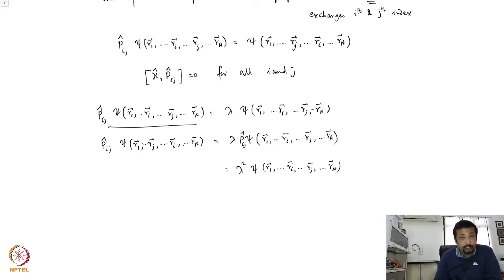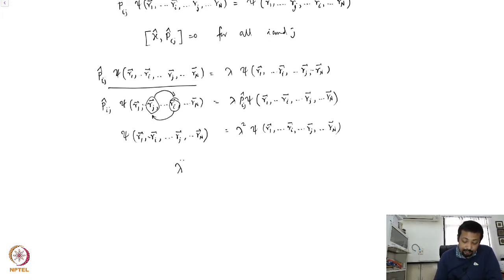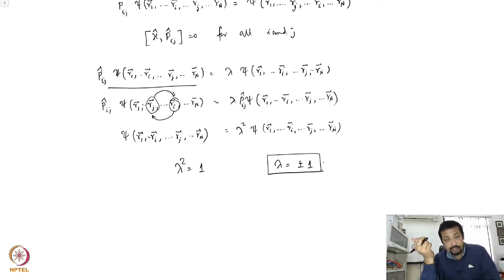The left-hand side will again interchange these and put them back, so that you get back the original wave function that you started off with. And this essentially tells you that lambda squared is equal to 1, so that lambda is equal to plus or minus 1. So it can have either a plus 1 eigenvalue or a minus 1 eigenvalue.